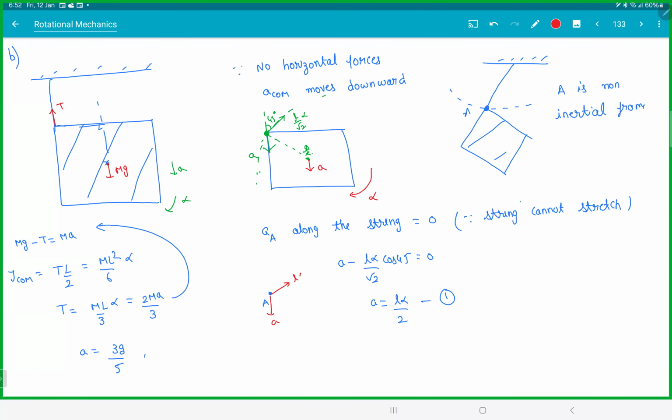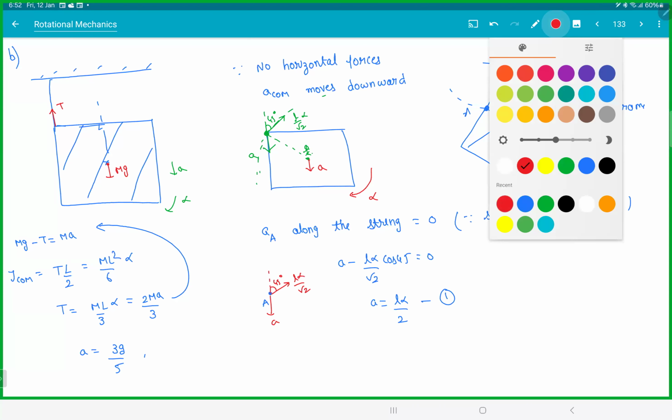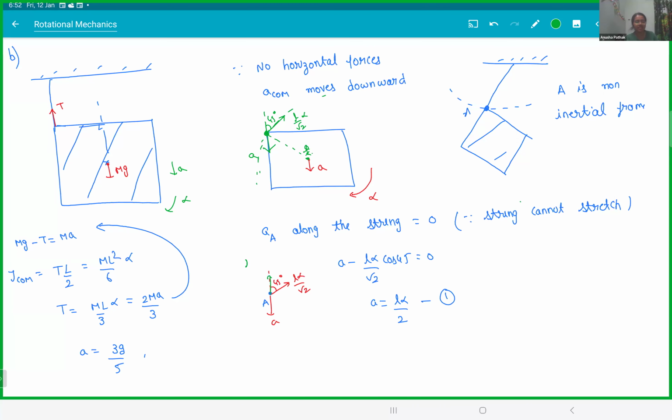It is also going with L alpha by root 2. And this is 45 degrees, right? I took one component of it. The direction is tangential. It's going in a circle. Everything rotates about the center of mass, isn't it? Yes. So from here, what will the acceleration be? It will be in this direction, right? Oh, alpha. Right, I got confused in the direction part. That's why I was able to figure it out. And so it will be L alpha by root 2 sin 45.